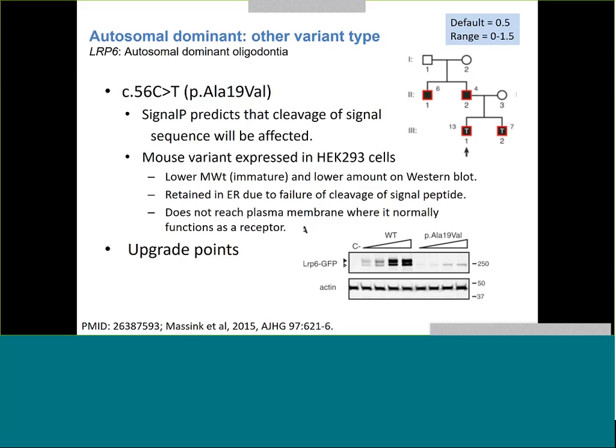Right. And without having read the paper, I don't know why they chose that cell line. I don't think they stated exactly why. I guess HEK293 cells are commonly used. And why they used the mouse variant and not the human, I don't know.